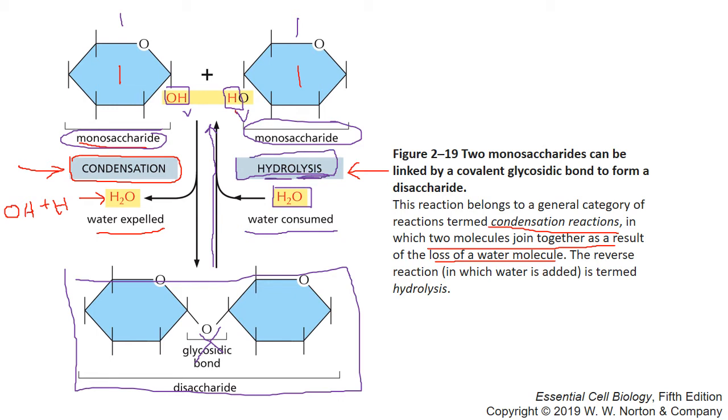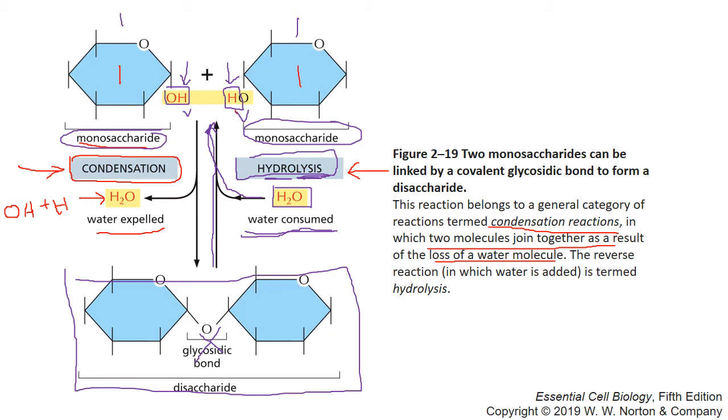Hydro means that you're using water to get it completely successfully done. And that's because the water molecule will go into the reaction, and as it goes into the reaction, it's pulled apart so that hydroxide can be provided to one and hydrogen can be provided to the other. So you actually consume the water and it's utilized to restore the monosaccharides back to their original condition.